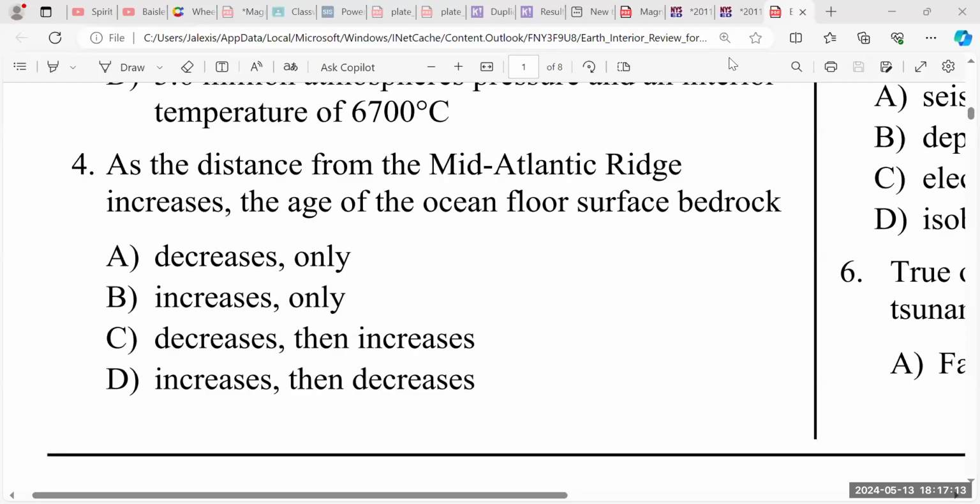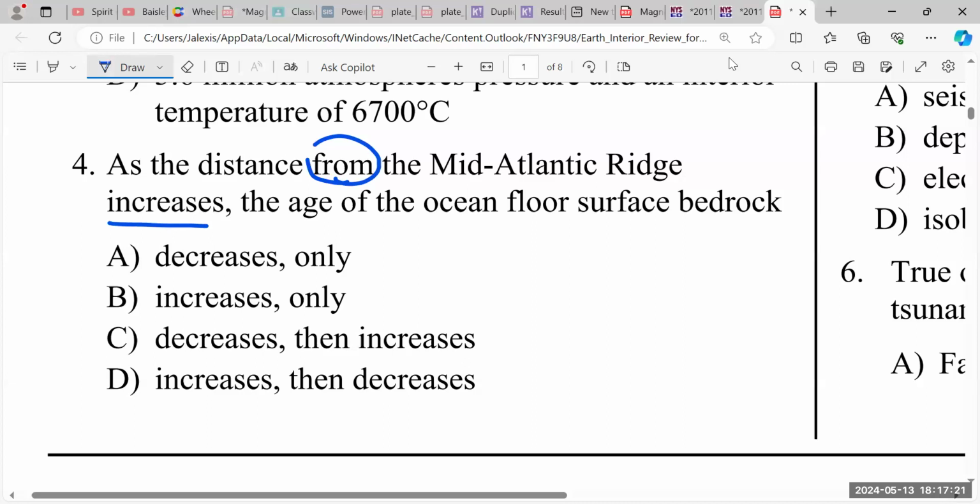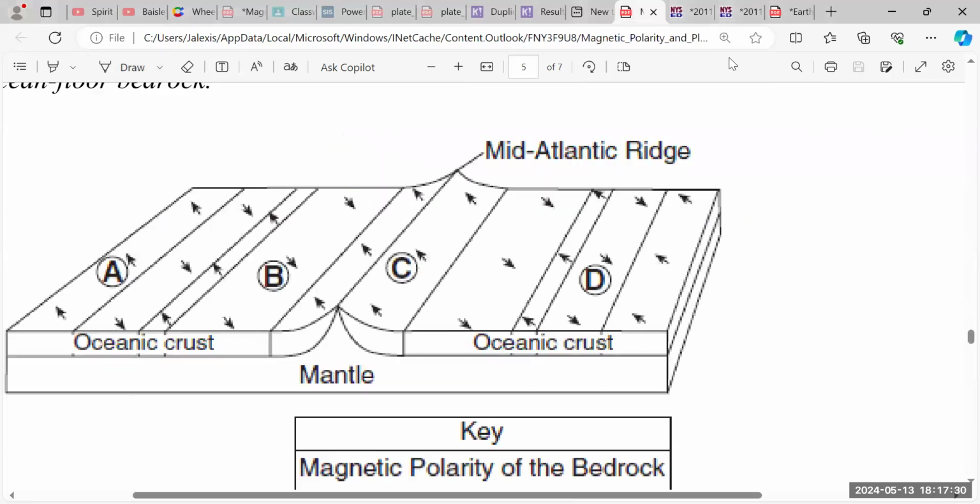All right, number 4. It says, as the distance from the mid-Atlantic ridge increases, the age of the ocean floor surface bedrock does what? So what I have here is a quick diagram of a mid-Atlantic ridge. It's a mid-ocean ridge. And we know that new crust forms right at the ridge.